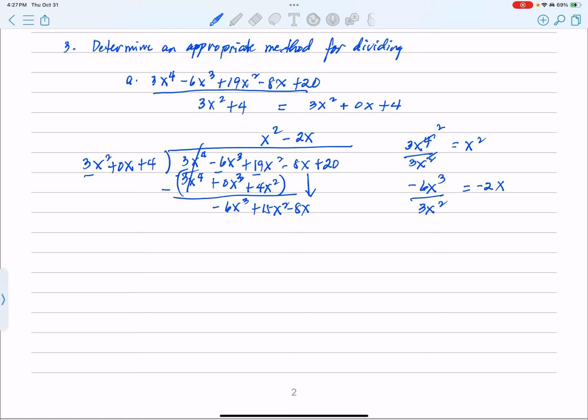Your answer is x squared minus 2x plus 5, when you divide 3x to the fourth minus 6x cubed plus 19x squared minus 8x plus 20 by 3x squared plus 4.